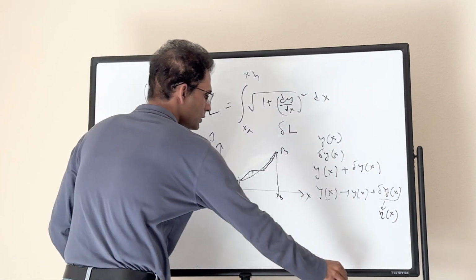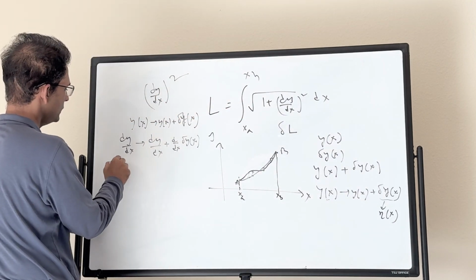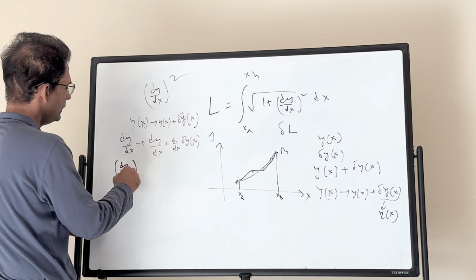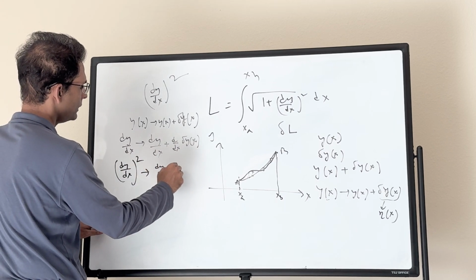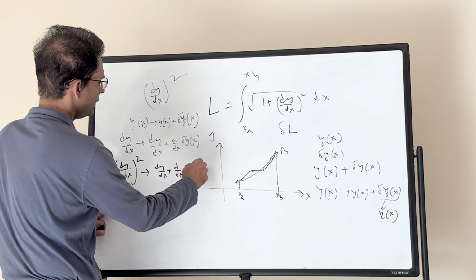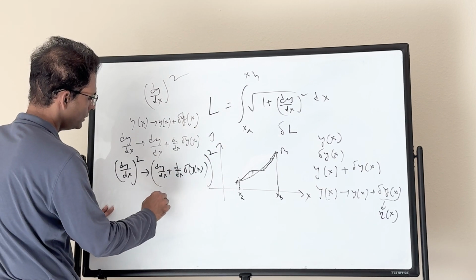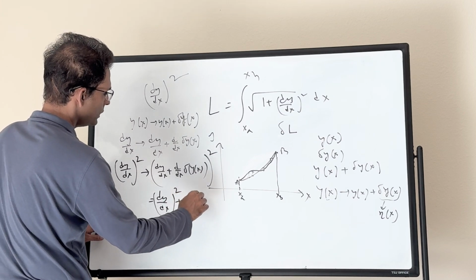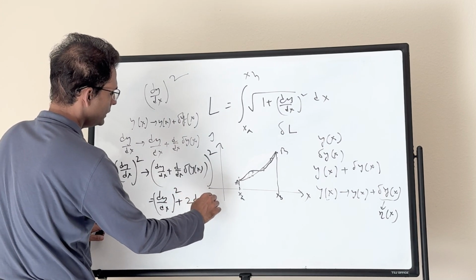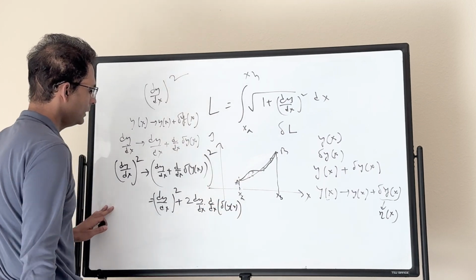You can square both sides. So (dy/dx) squared goes to (dy/dx plus d/dx of delta y(x)) squared. You can expand this, which would give you (dy/dx) squared plus 2 dy/dx d/dx of delta y(x). Do you see that?